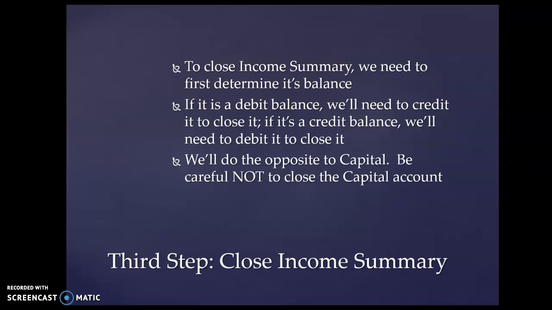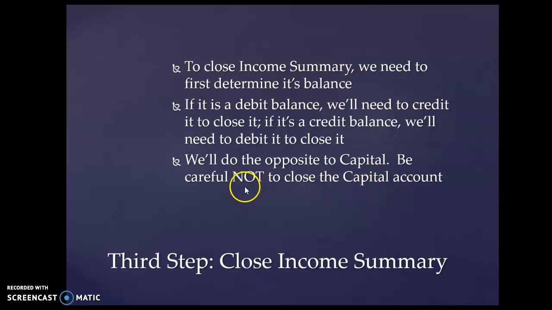Whatever is the opposite of what we do to close income summary is what's going to go in capital. So if I credit income summary, I'm going to debit capital. If I debit income summary, I'm going to credit capital. Be careful not to close the capital account. A lot of people just look on the worksheet and say, oh, here's the capital account, I'll close it.